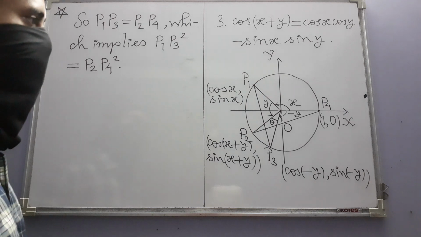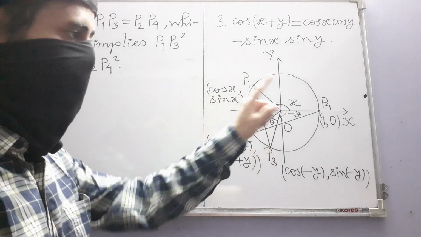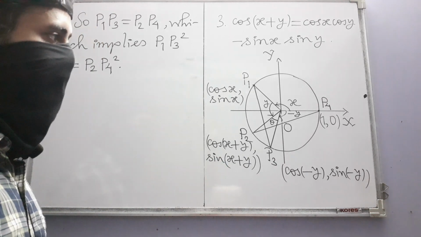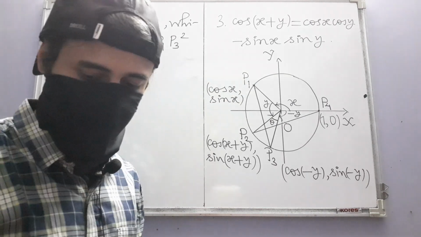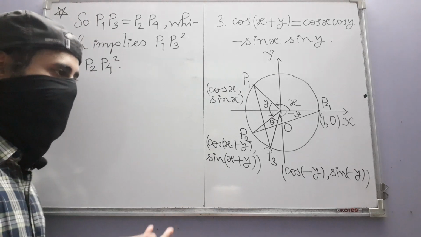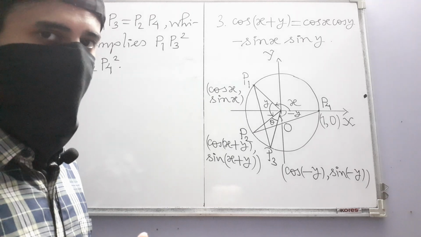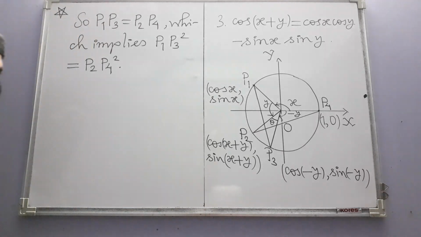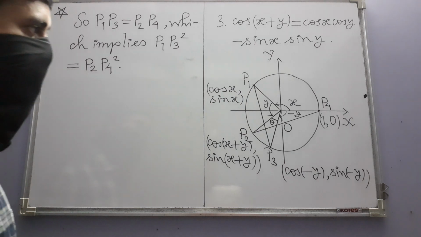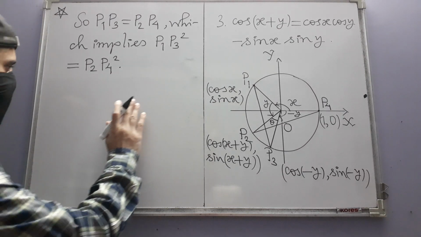Why square though? That's because now we will use the coordinates of these points P1, P2, P3, P4 to calculate these side lengths, and in doing so we will use the distance formula for the distance between 2 points in a plane whose coordinates you know, and you are already familiar with the distance formula from your earlier classes. Let's just quickly recall what the distance formula is.